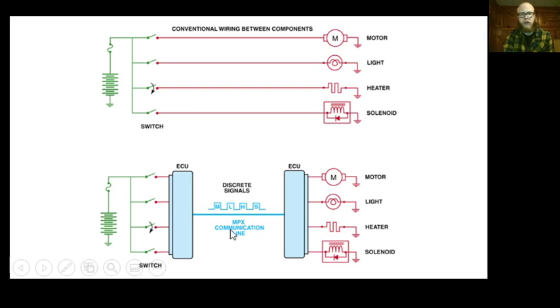Then the next thing that we see is I've got 2 electronic control units here, and a wire connecting them, and it says MPX communication line. That's multiplex communication line, and multiplexing, we'll get into this in depth later on, is my communication network.